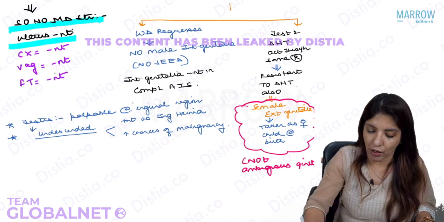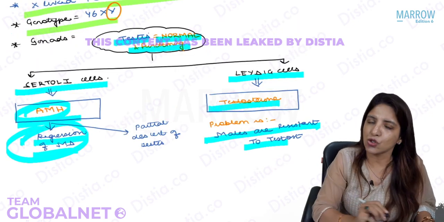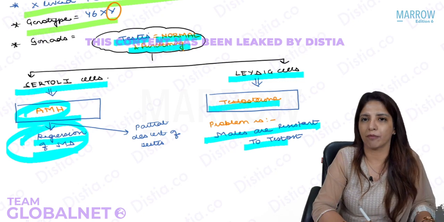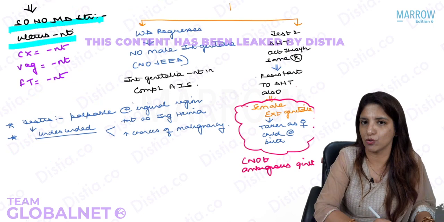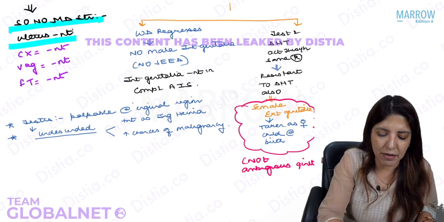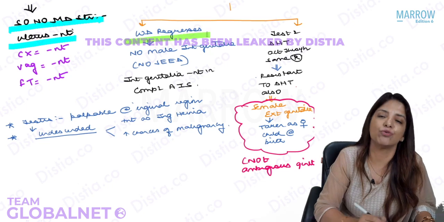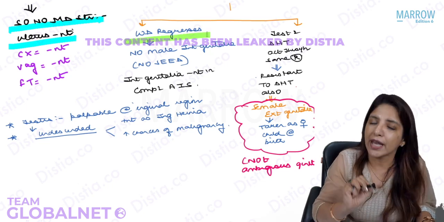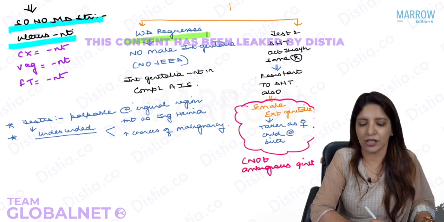and the fallopian tube is absent. Now, on the other hand, as I told you, testosterone is also being formed normally, but these males are resistant to testosterone. So what is going to happen? Because they are resistant to testosterone, the Wolffian duct is also going to regress. So in this individual, there won't be any male internal genital organs.